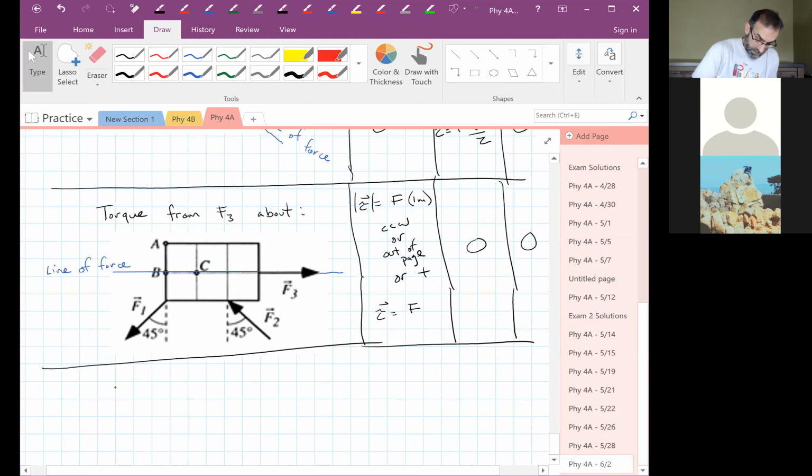All right, so let's find the net torque for axis A. That's going to be the torque from F1, vector addition.